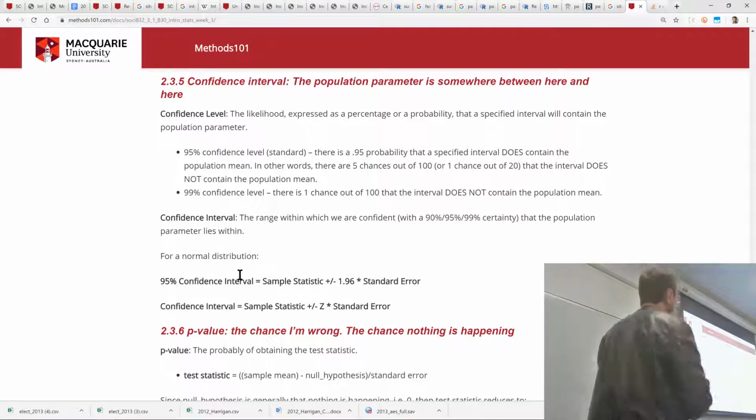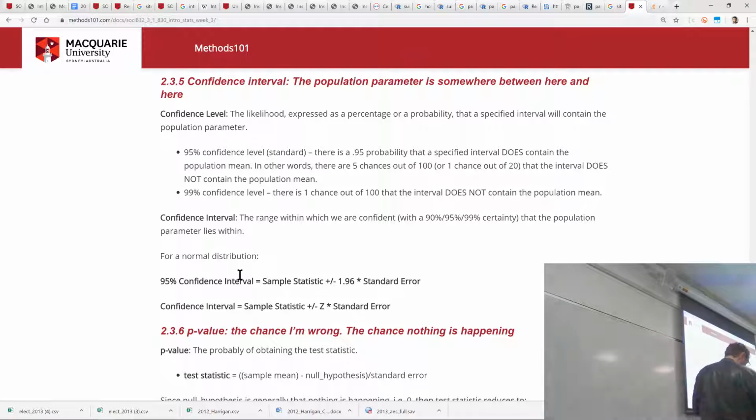Okay, so that's standard error. Basically, if I was able to repeat this with the data in my sample, what would I probably get? What would be the variation in my estimates? Another way to express that is a confidence interval.